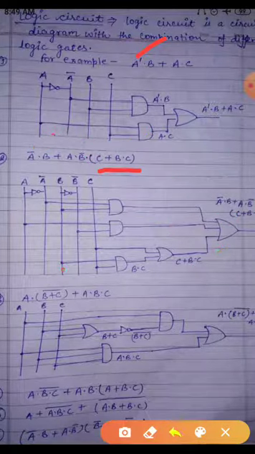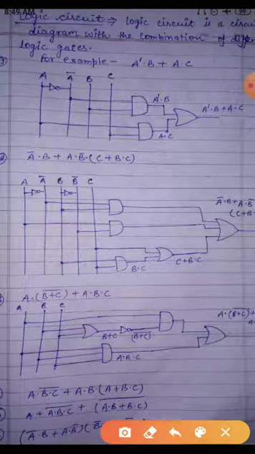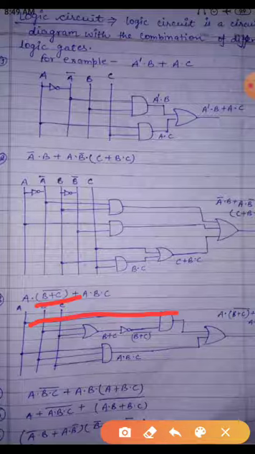The third example is A dot in bracket B plus C whole bar plus A dot B plus A dot B dot C. This is A, then B plus C, this is B and C, so this will be B plus C because the OR gate is here.